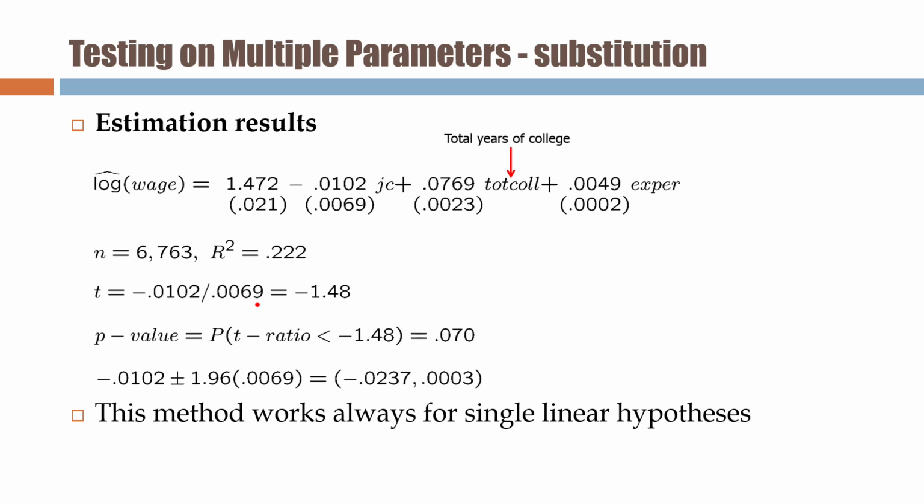So this is basically JC plus uni, right? So we have to create a new variable. So you will see n is this much, r square is 0.22, and the p-value is 0.07, which means this is like 7%.